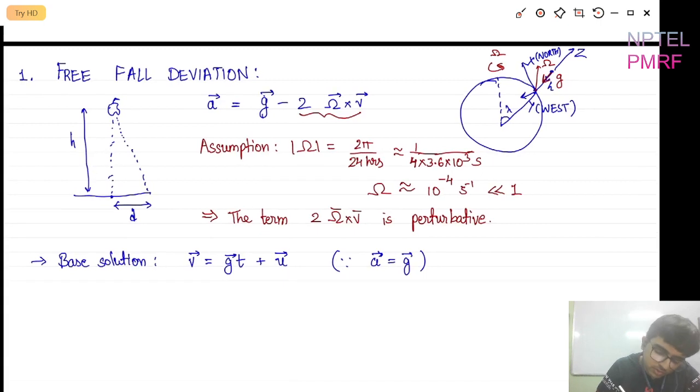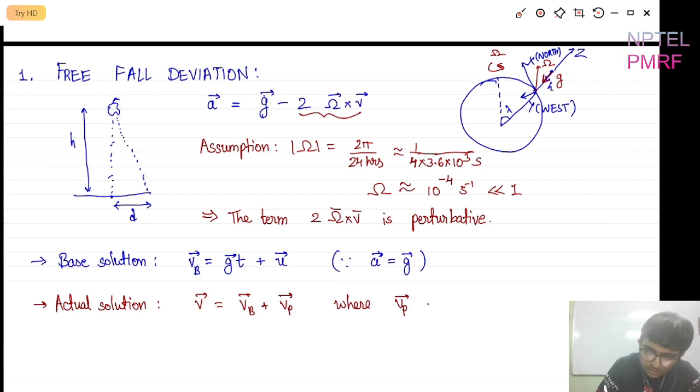Let's call this v base solution, and then the actual solution would be, because there is this perturbative term, the base solution plus some perturbative Vp, where Vp is small in magnitude compared with Vb, right?